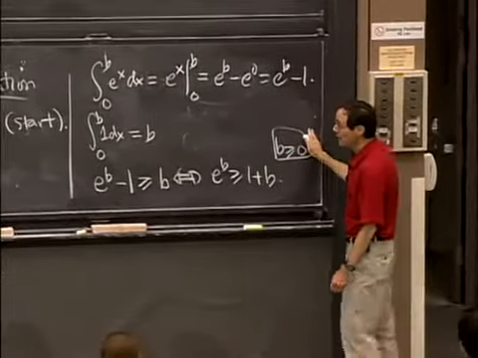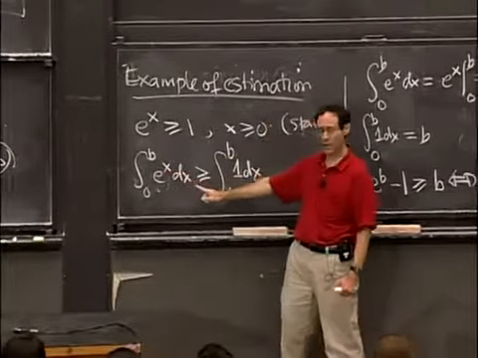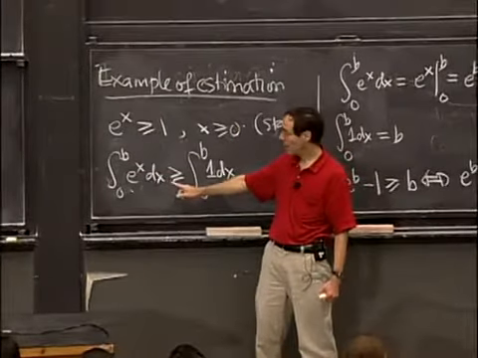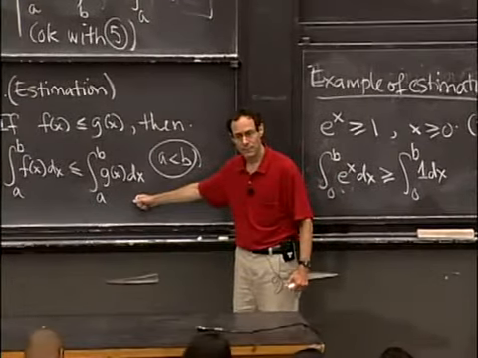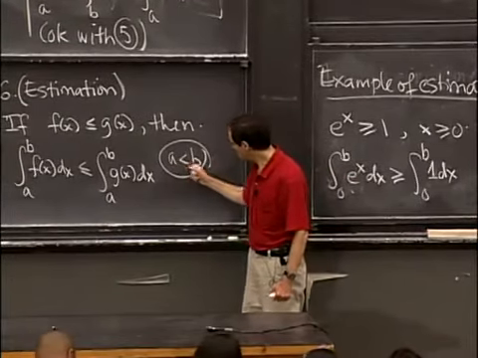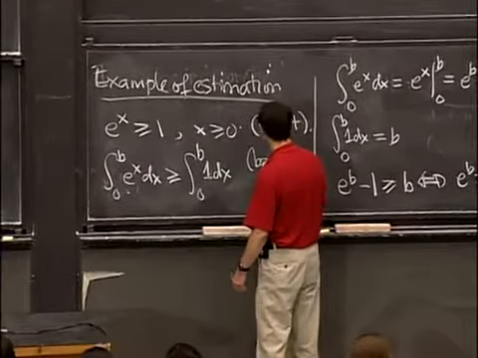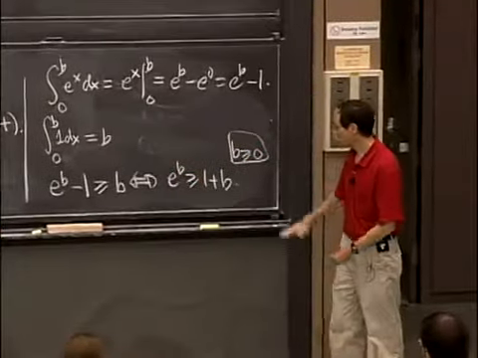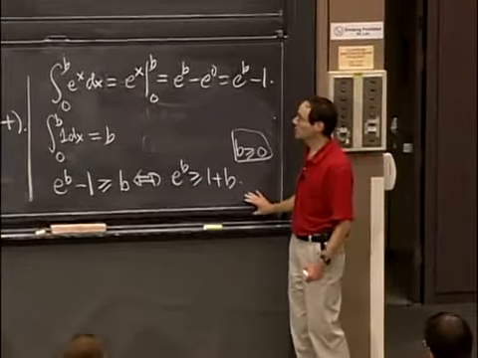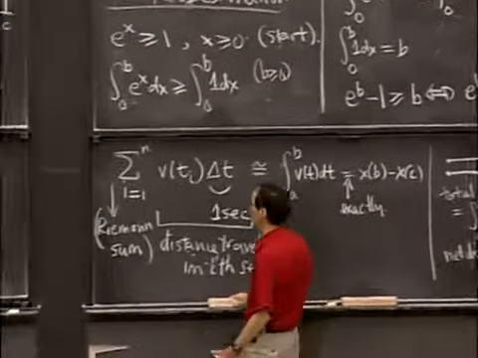Notice that if b were negative, this would be a well-defined quantity, but this estimation would be false. All right? We need that b be bigger than 0 in order for this to make sense. And that's a good thing, because this inequality is suspect. Actually, it turns out to be true when b is negative, but we certainly didn't prove it.